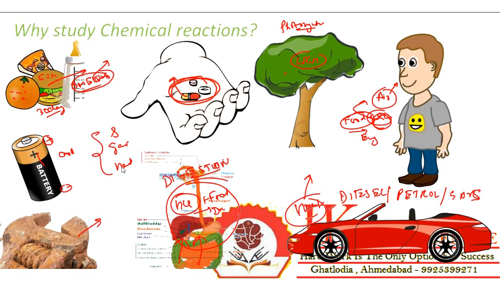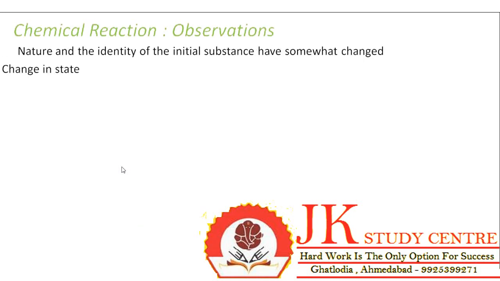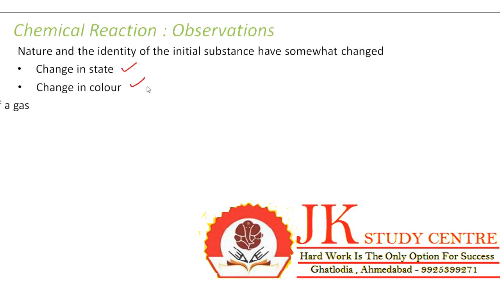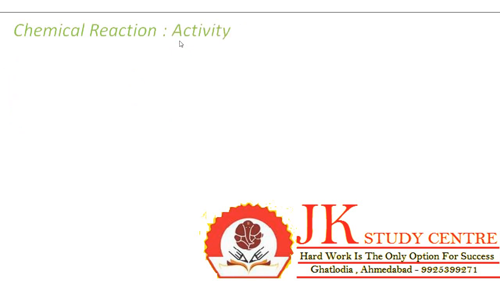So all these things are characteristic of a chemical reaction. We observe that the change of state happened, the change in color happened, the evolution of gas also happened in some case, and the temperature also changed in some of the cases. So this is what we observe in the initial substance when the initial substance went for a chemical reaction.